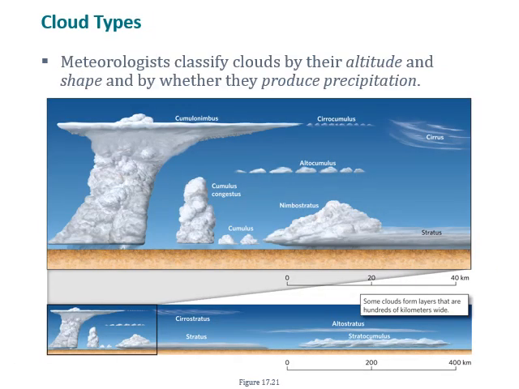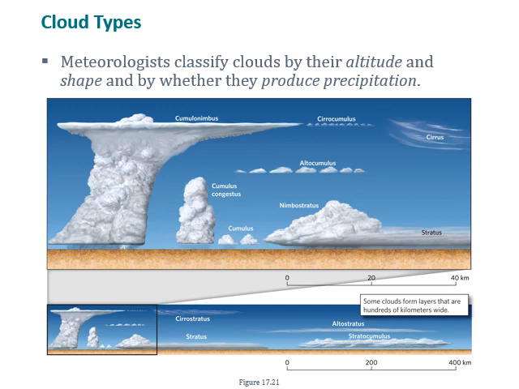This figure shows the different types of clouds that meteorologists classify based on their altitude, shape, and by whether they produce precipitation. Cumulonimbus clouds are the largest, that reach to the upper edges of the troposphere. Then there are cumulus congestus and cumulus.